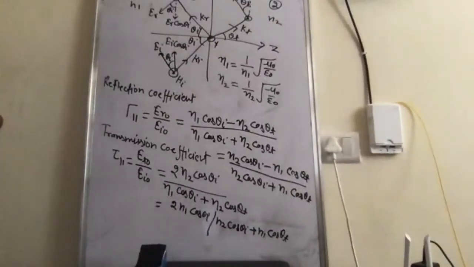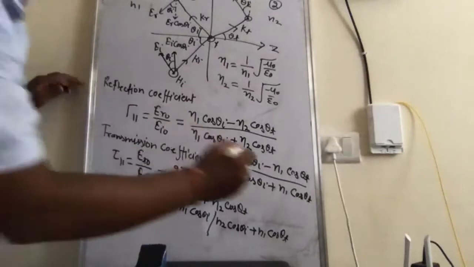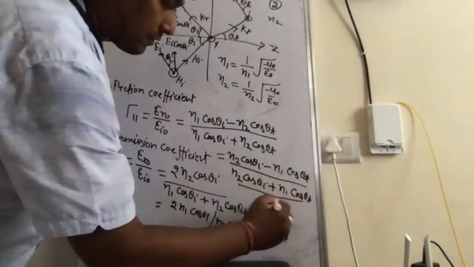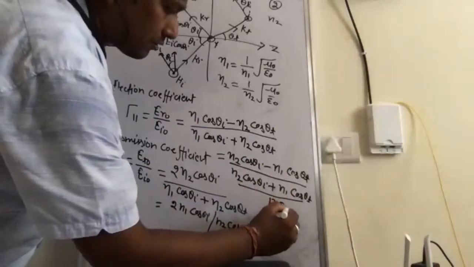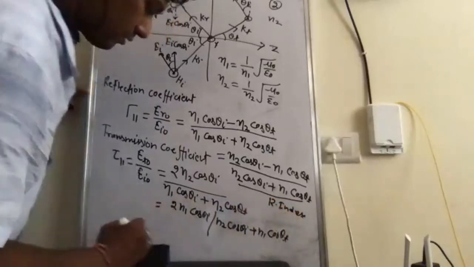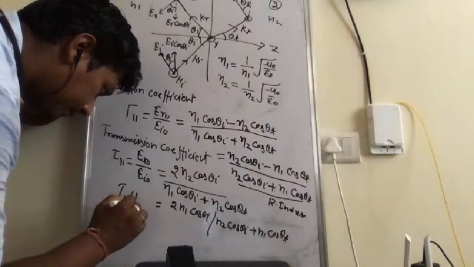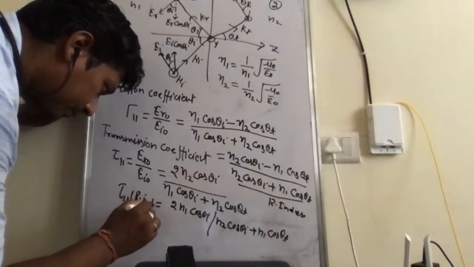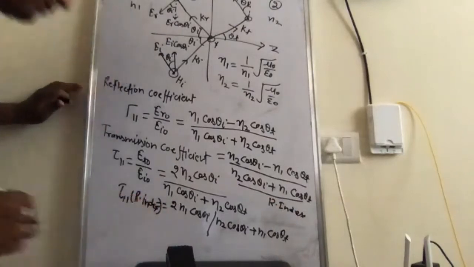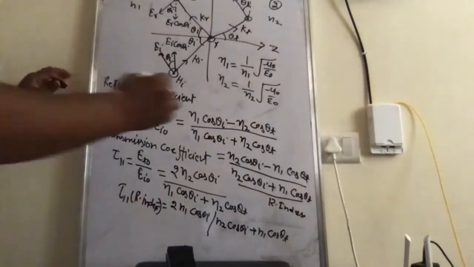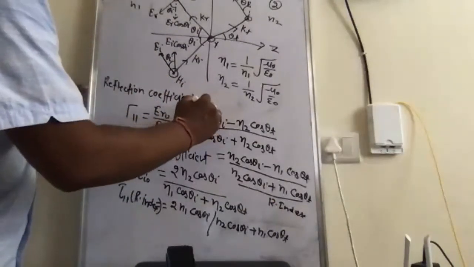Okay, so this is in terms of the refractive index. And this was in terms of the impedance.